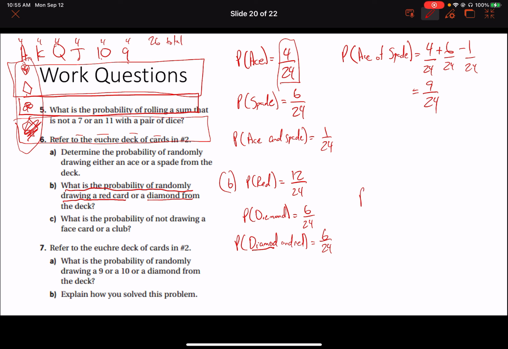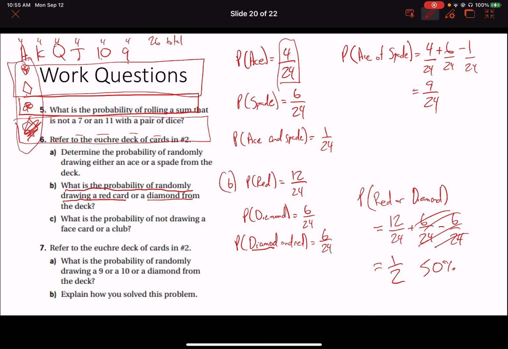So if we do the math, the probability of red or diamond is equal to 12 over 24 plus 6 over 24 minus 6 over 24, which is the same thing as it just being red. And we saw this before, it's 50%. Now, if we drew this in a Venn diagram, think about it. If this was all red cards, half of it would be diamonds, and half of it would be hearts.